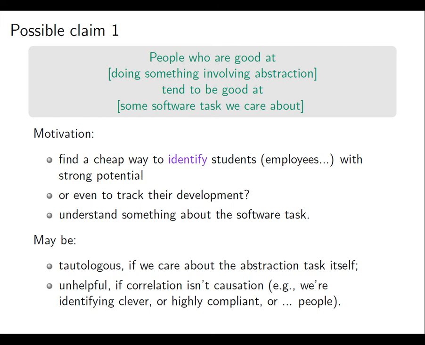It may be that we're identifying clever people who are good at both of those things because they're clever, or people who are scoring highly in our tests because they are very compliant with annoying researchers' testing, or some other reason. And I'm tempted to say we're just identifying clever people or whatever, but of course identifying clever people is a major undertaking in its own right. It's just that it's not really one that's specific to software engineering or modelling.